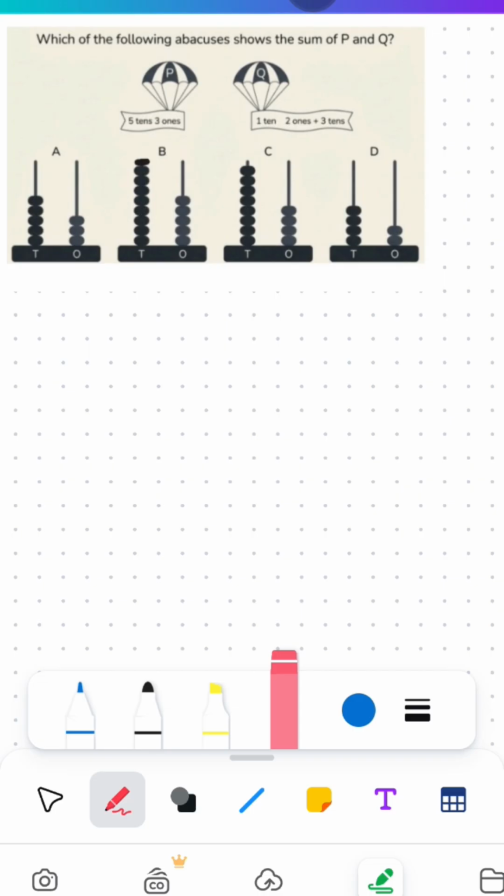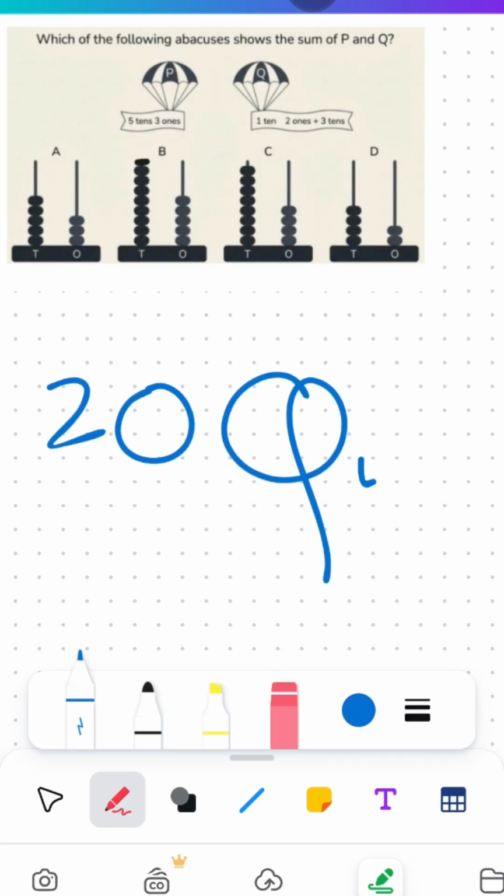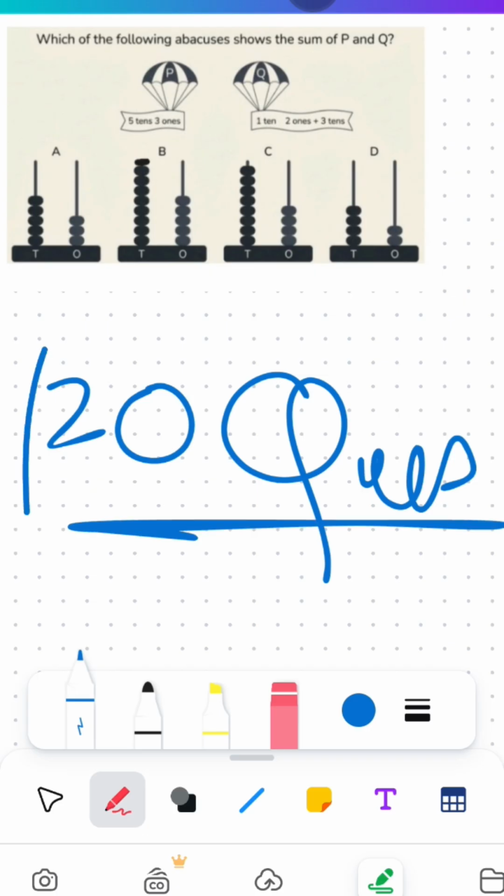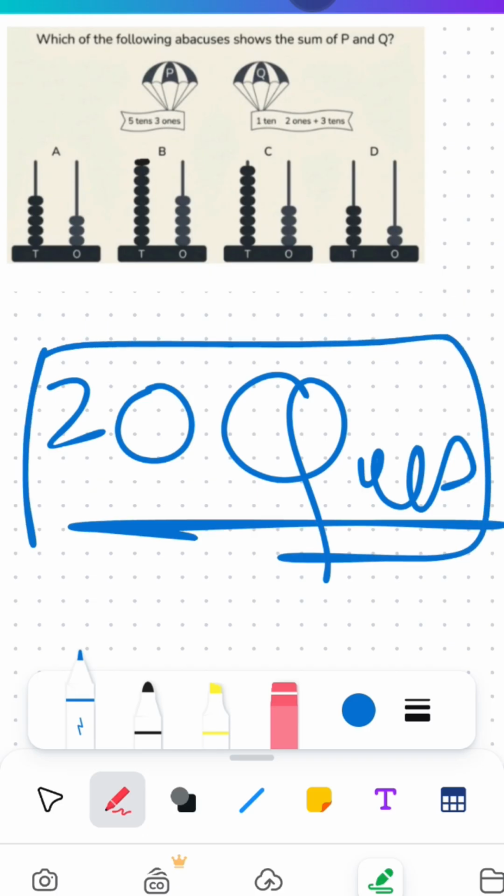Do 20 questions daily by mental work, without a pen. Pen down session means doing everything in the mind. Practice only 2 digit numbers, not 3 digits.